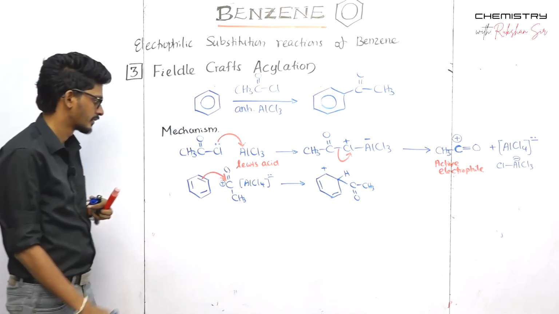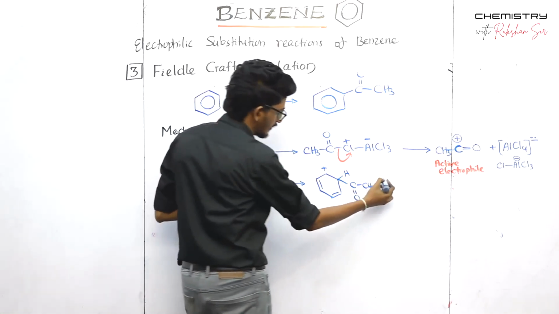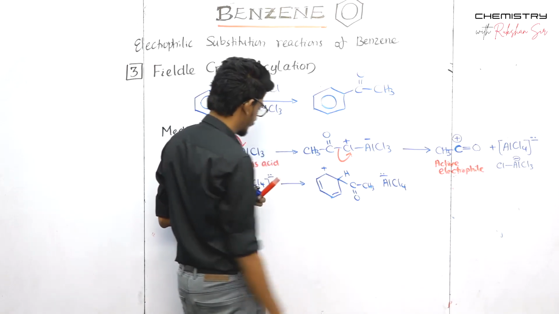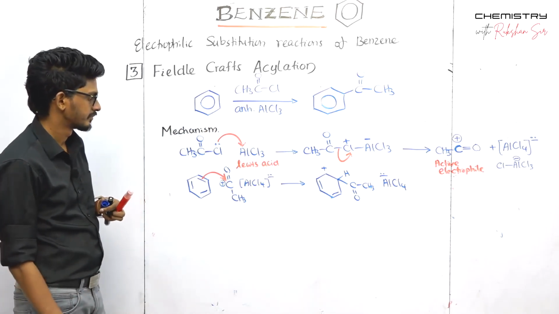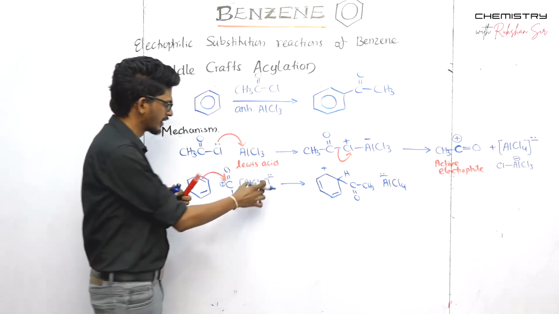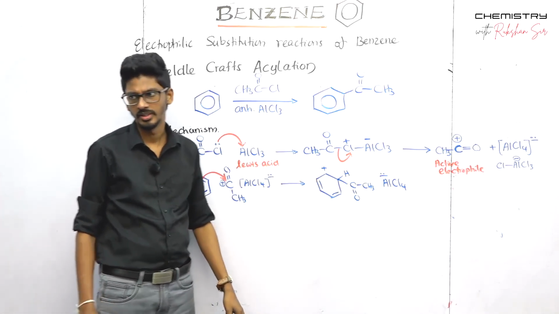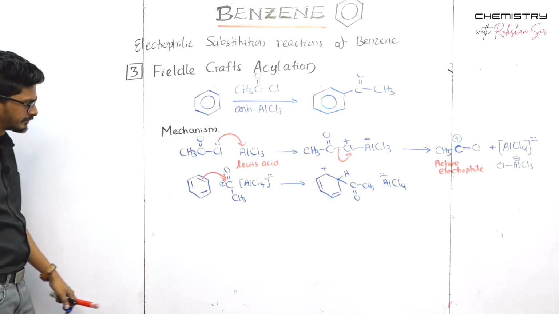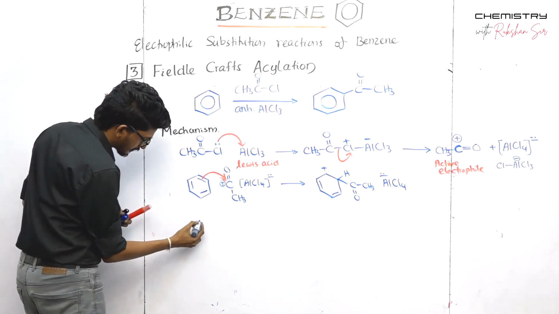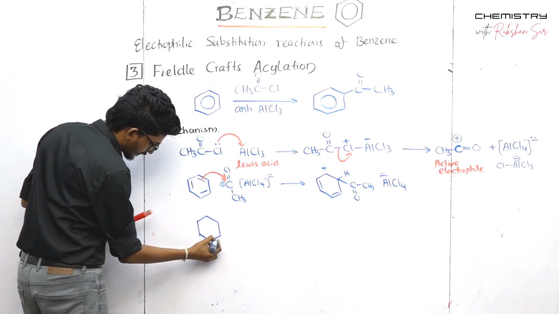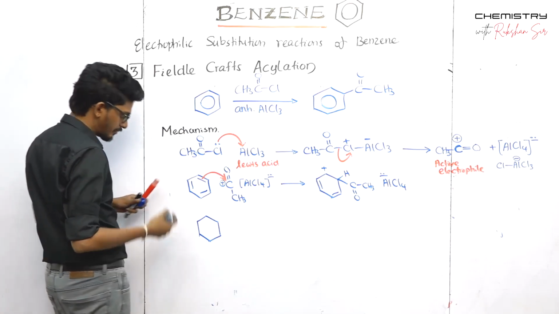And the AlCl4 minus is there, right? Both are the same, no worries. Right, like this. Both are okay. Then the third step, the resonance stabilization of the arenium ion.